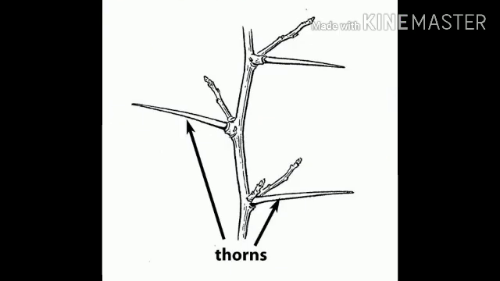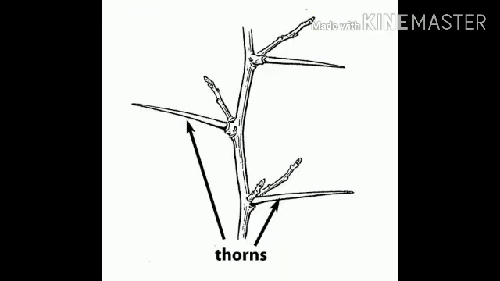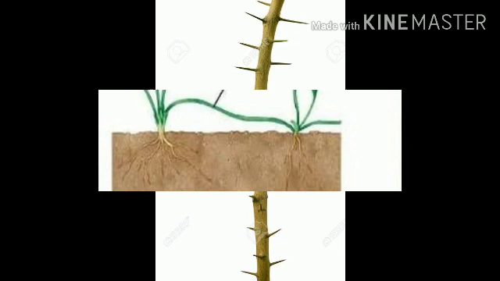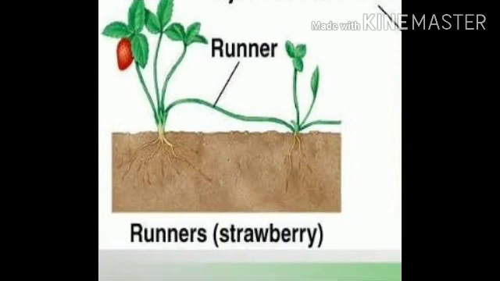In citrus plants, the stem modifies itself into sharp needle-like structures known as thorns. They are woody, straight and pointed. They protect the plant from grazing animals. In case of strawberry plant, a new branch of modified stem originates from the original branch and it moves to a new place or new habitat.